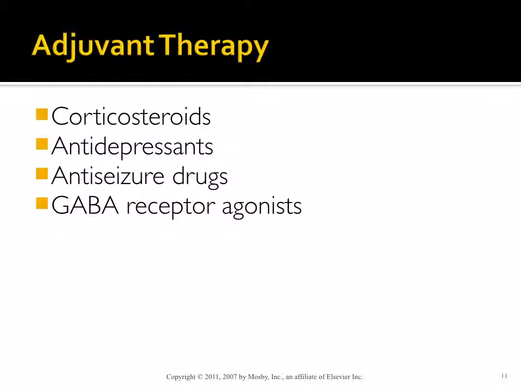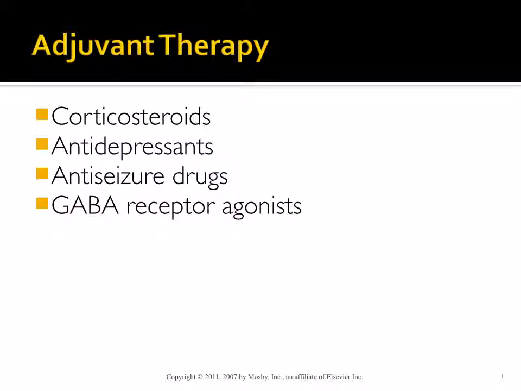Anti-seizure drugs can be used to control the pain, like gabapentin and Lamictal, which you might have seen on the floor a lot. Gabapentin and Lamictal are being given to chronic pain patients, even though they are not patients suffering from seizures.